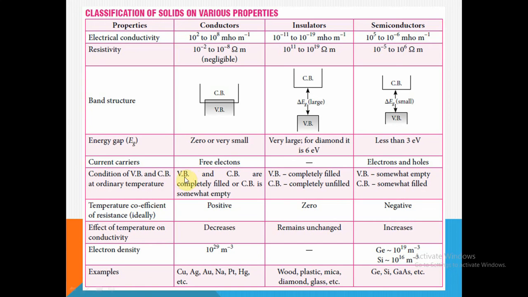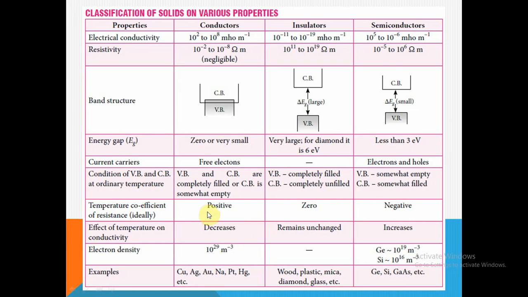For conductors, the valence band and conduction band overlap, or the conduction band is somewhat filled. But in case of insulator, the valence band is completely filled and the conduction band is completely empty. Similarly for semiconductors, the valence band is somewhat empty and the conduction band is somewhat filled.